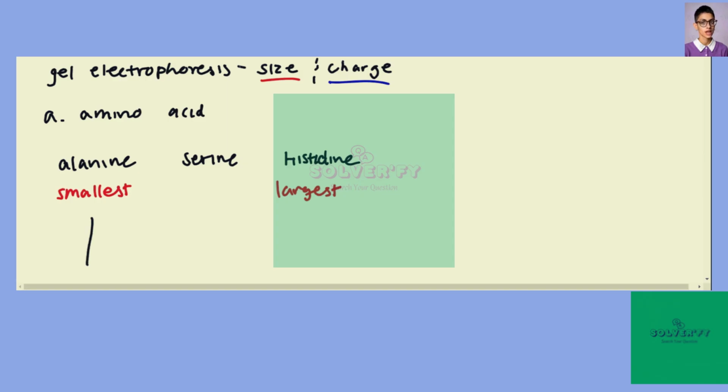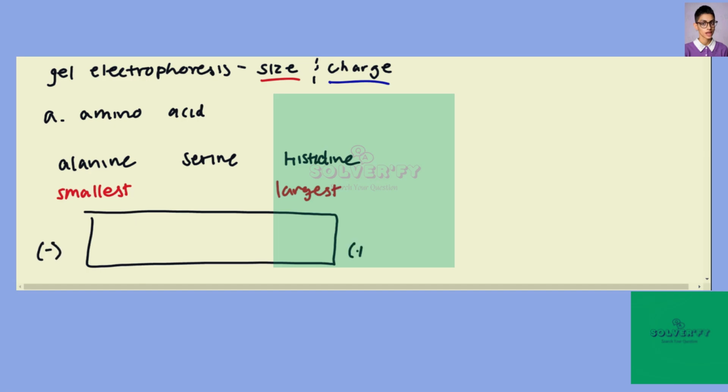So when we are looking at a gel, we know that it moves from a negative to a positive terminal in a direction where the electrical current will take the molecules from one side to the other. And we have starting wells where the samples will be placed in, and it will move accordingly with the electrical current.